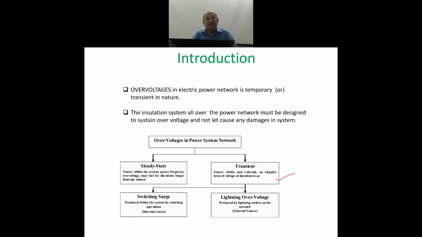Switching overvoltage depends upon the current in the network just before the switching operation. It also depends upon factors like the instant of switching operation and accomplishment. That means at what exact instant of the current the switching is completely achieved. So we will learn how these voltages are produced.